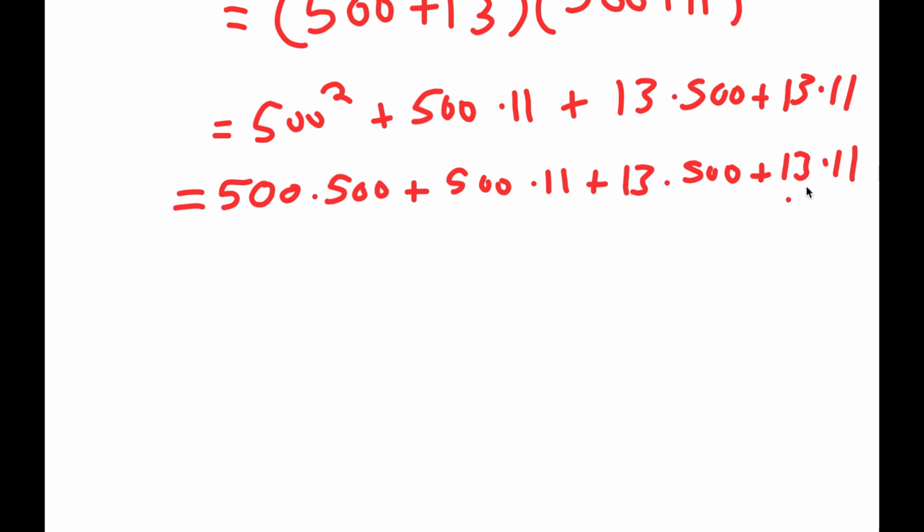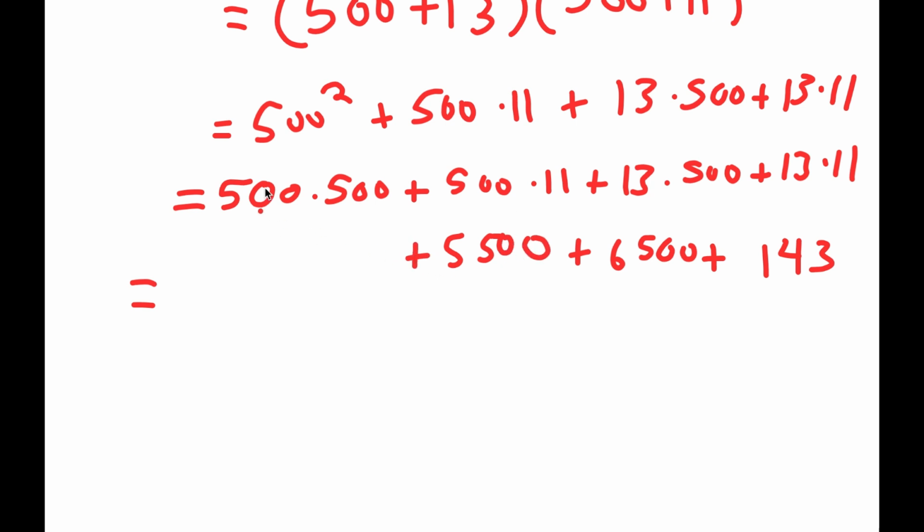So let's first start on the right hand side and work our way to the left hand side. 13 times 11 is 143 plus, now 13 times 500, well 13 times 5 is 65, and then I have my two zeros at the end, so 6500 plus 500 times 11, 5 times 11 is 55, and then I have my two zeros at the end, plus 500 times 500, 5 times 5 is 25, and then I have my four zeros at the end.